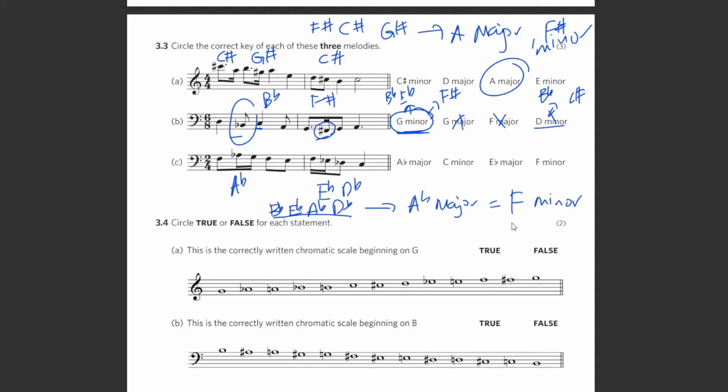If it's F minor, what is the 7th note? E, right? So you should have E natural. If it's melodic, when it's ascending, you have E natural and D natural. And when it is descending, you have E flat and D flat.